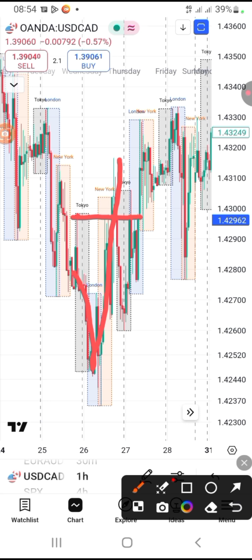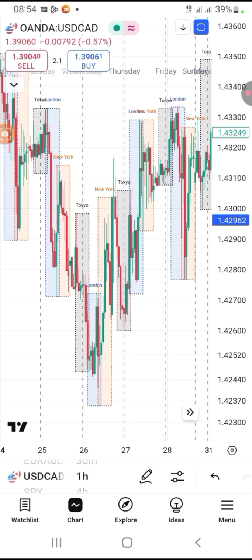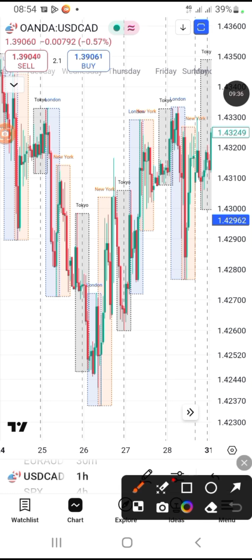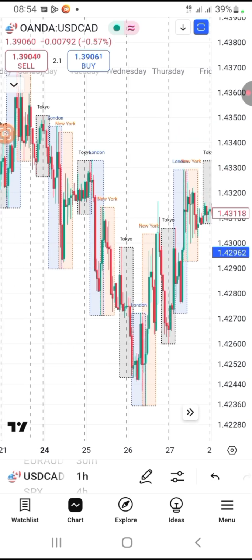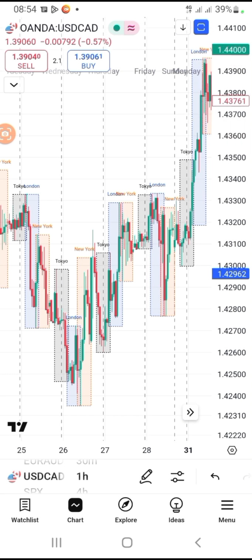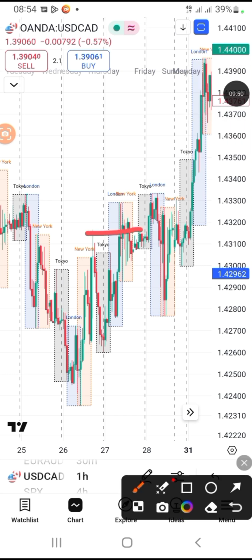Then you can also see another break of structure here, whereby the market pulled back and took out this zone. The market pulled back and then took out that zone. You can see it very well. So this is where the break of structure is to the upside. This is another break of structure to the upside, because the market came here and broke this zone. The market also pulled back here and broke this zone.